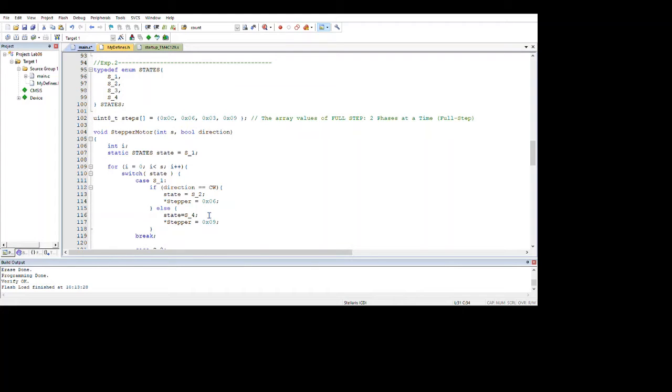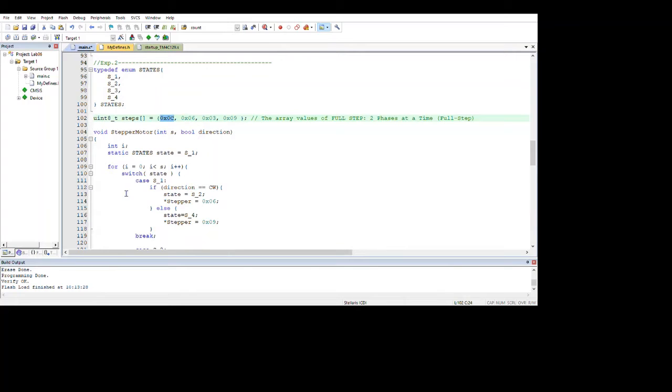We have different states here that I defined, and then we have this array, which holds the array values of the full step. We get these numbers from that table I showed of how to get 0xC in hexadecimal.